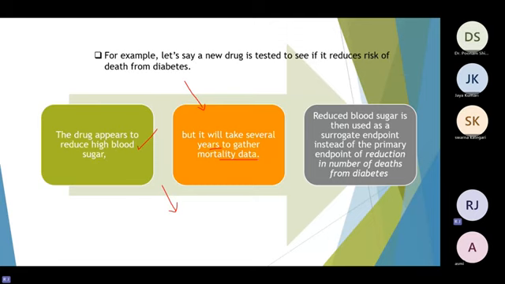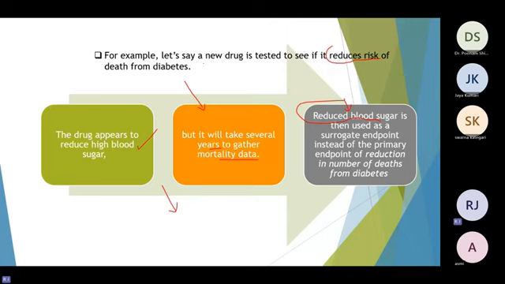So what will we see? In order to know whether our anti-diabetic drug is going to reduce the risk of death from diabetes or not, we see the blood sugar level. Whether our drug is going to reduce the blood sugar level or not, we can determine whether it is going to reduce the risk of death from diabetes.